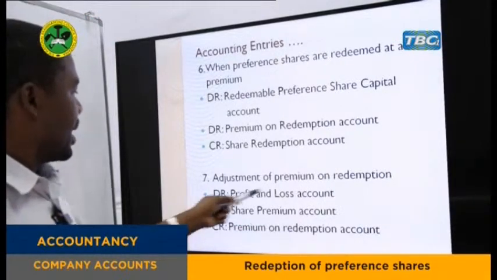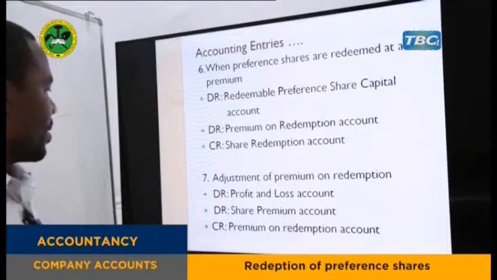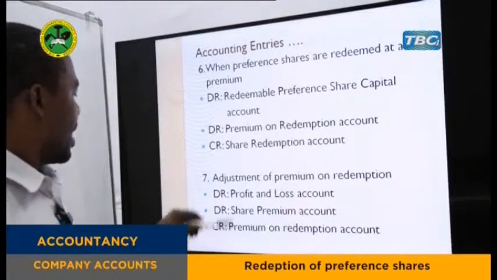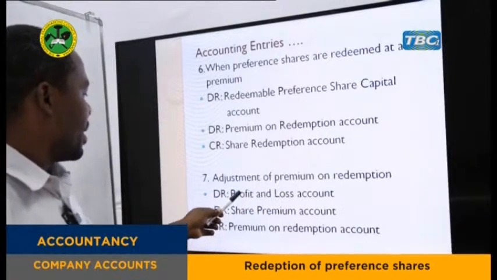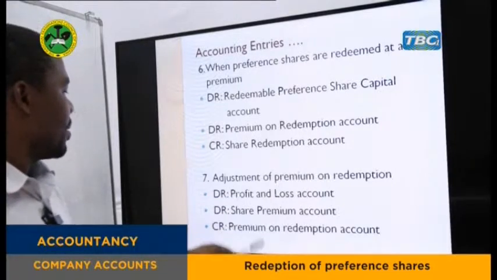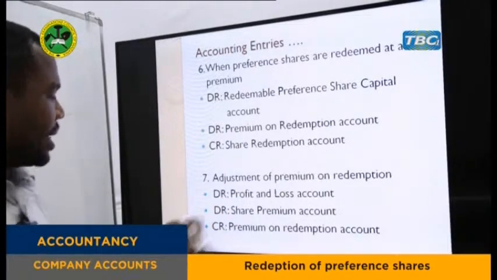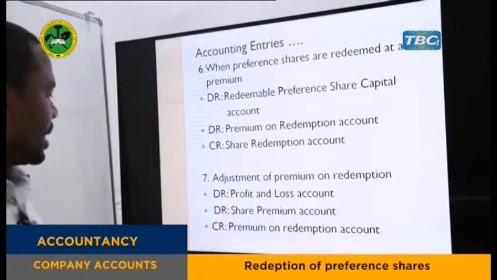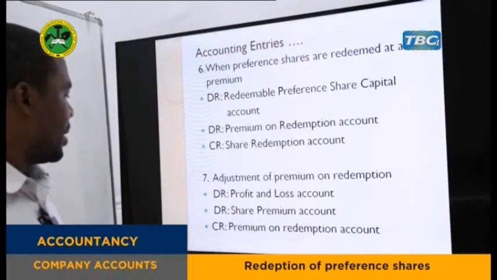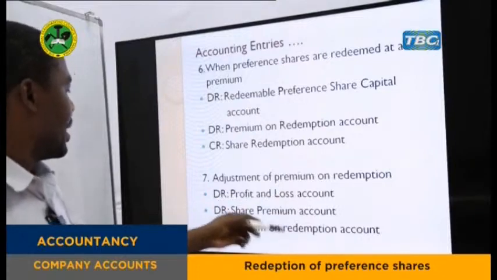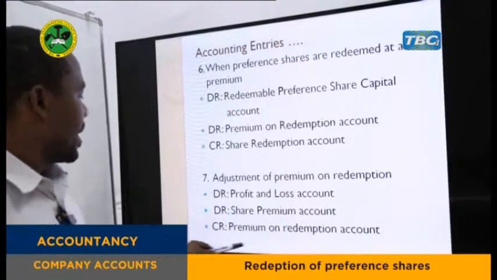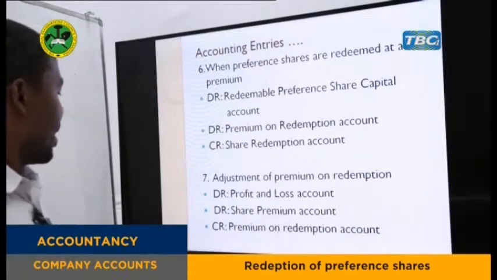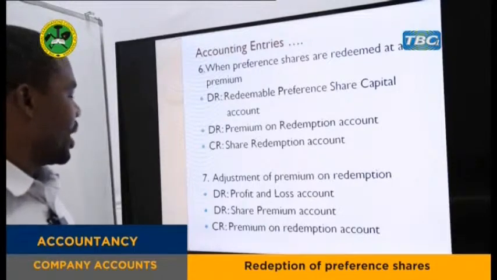Adjustment of premium on redemption should be either in the profit or share premium, depending on the conditions. So there must be some conditions that will compel you to use either profit or share premium. And of course, the credit entry will be on the premium on redemption account.